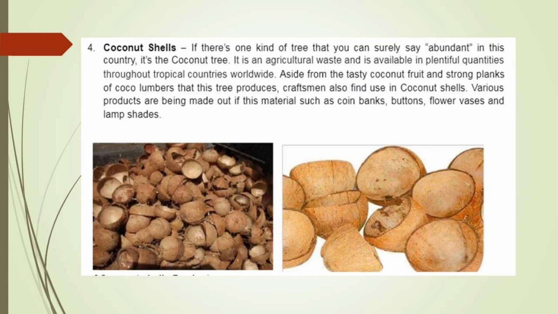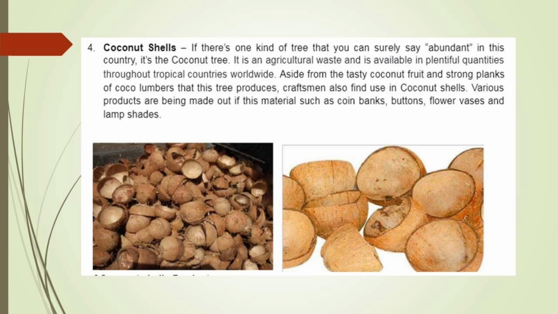Next, we have coconut shells. If there is one kind of tree that you can surely say is abundant in this country, it's the coconut tree. It is an agricultural waste and is available in plentiful quantities throughout tropical countries worldwide.